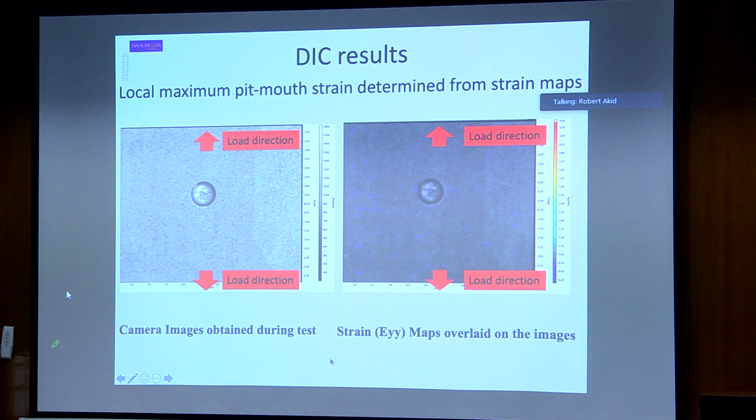I've had problems with this, but what I'm showing here are the camera images of the pit on the surface, and the digital image correlation maps.